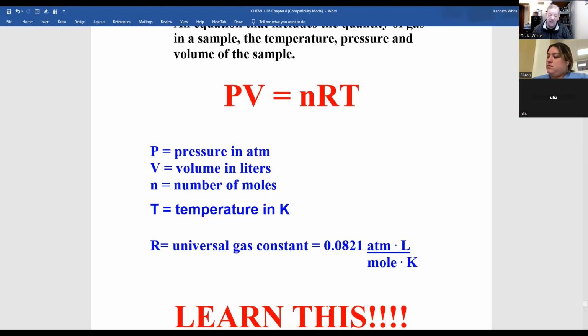Now, in the past, you'd have to memorize this. Good news.